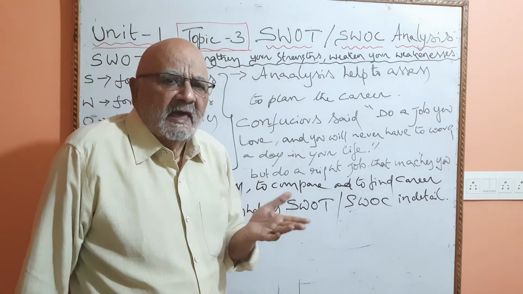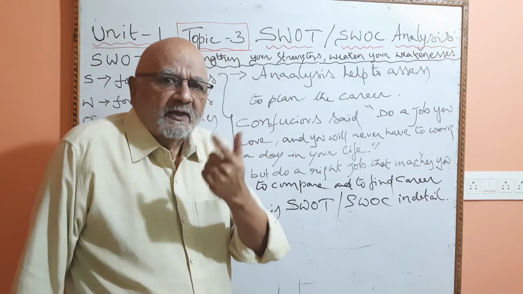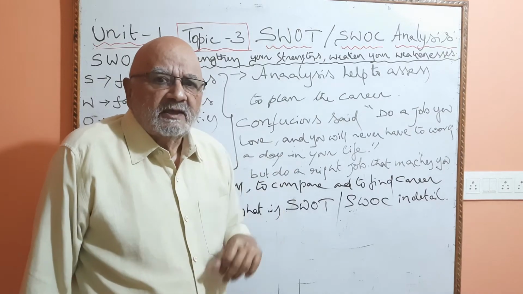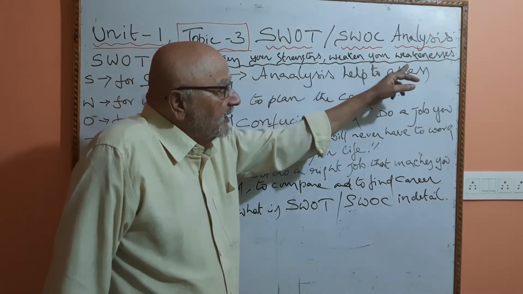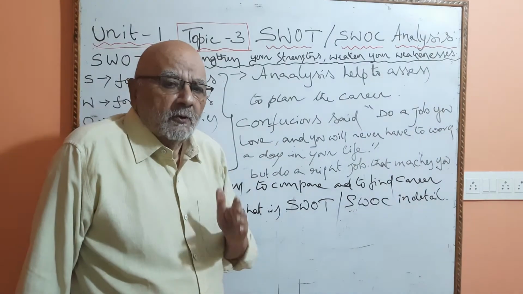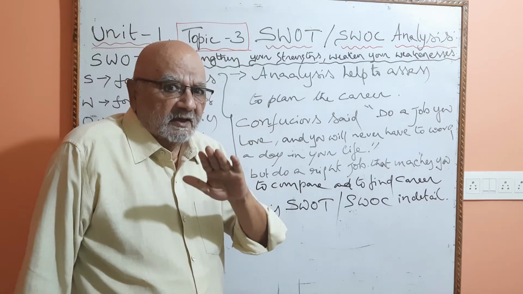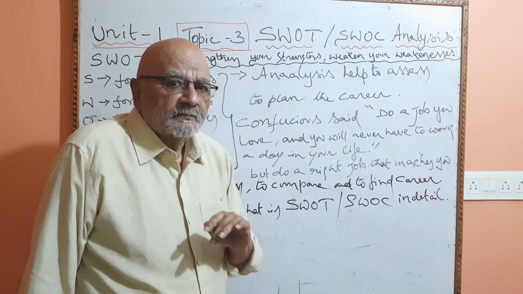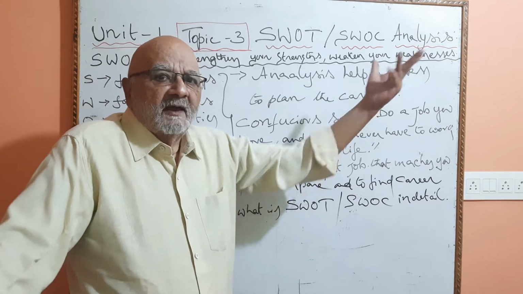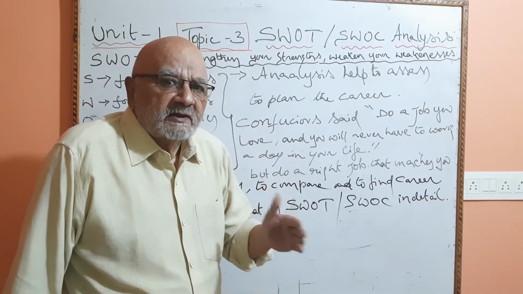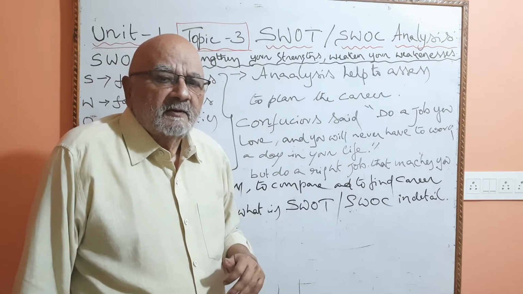Every person has two faces, like a coin, head, tail. So weaken your weaknesses. If you have some weaknesses, make them weak day by day. Less weak, less weak. Then they disappear. If you try, your weakness will disappear.